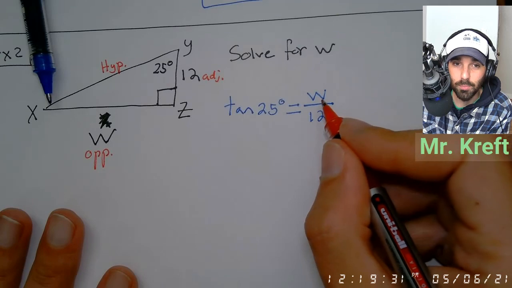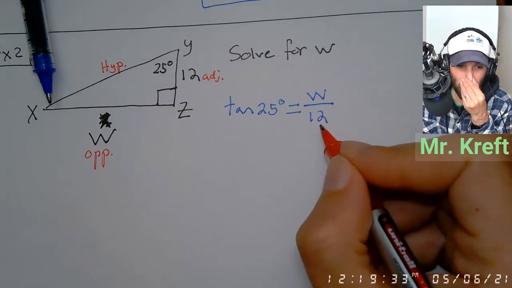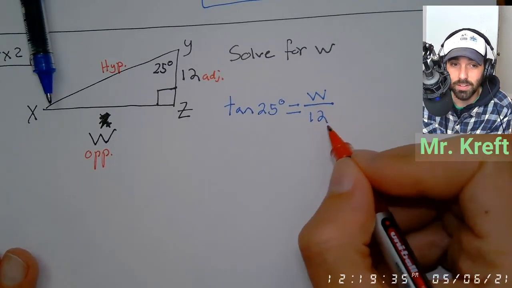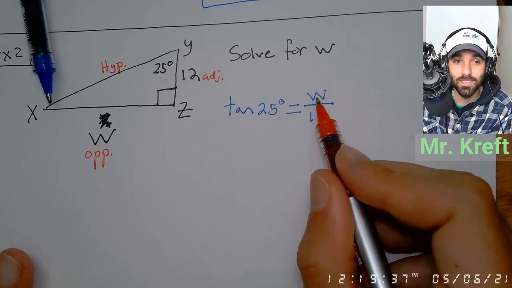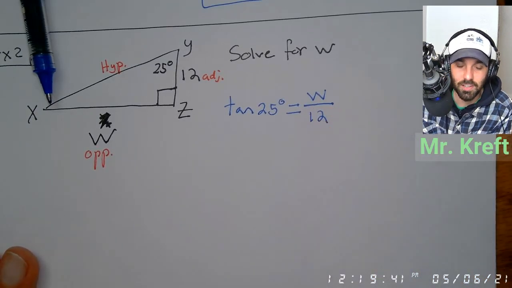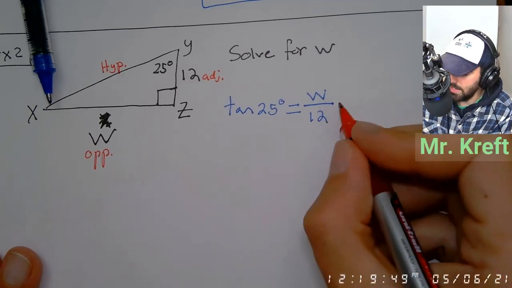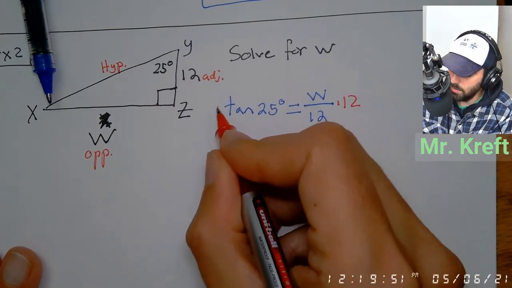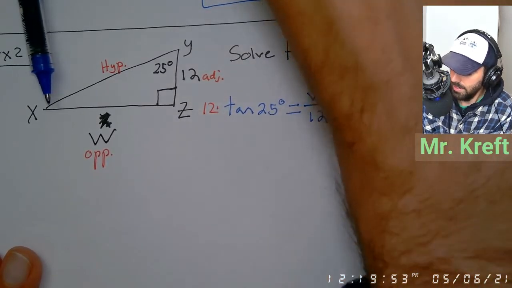So I'm solving for W, but over here is this 12. So if I'm solving for W, I don't want this 12 here. So I say, okay, this is W divided by 12. So I don't want that divide by 12. How do we undo division? Multiply, right? So I'm going to multiply both sides by 12.